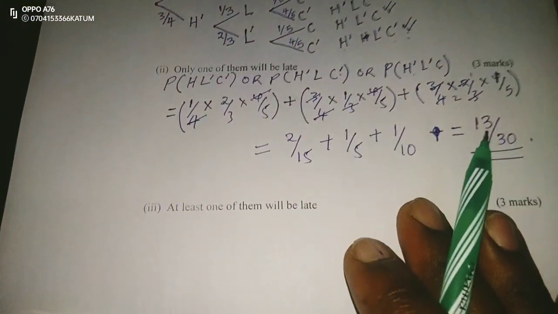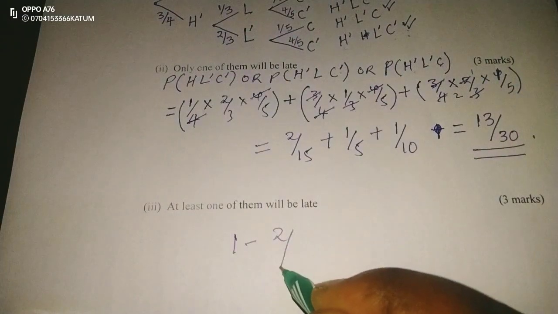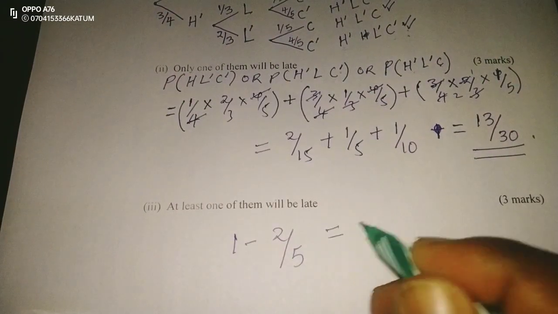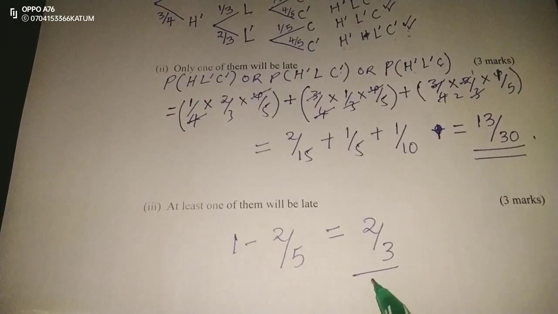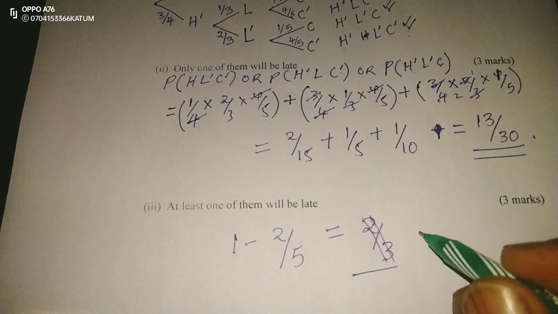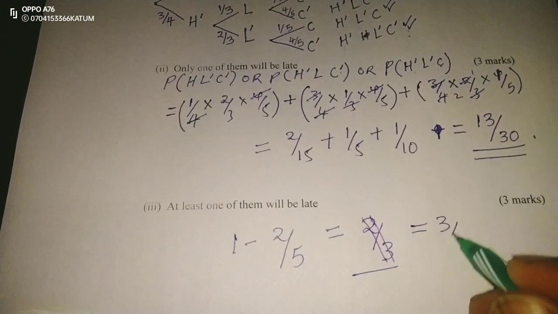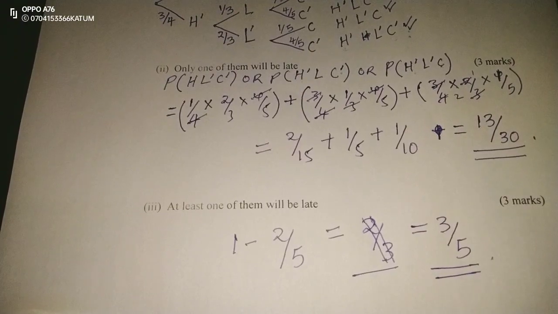So it can simply be 1 minus 2 out of 5, which will give us 3 out of 5, sorry, 3 out of 5.